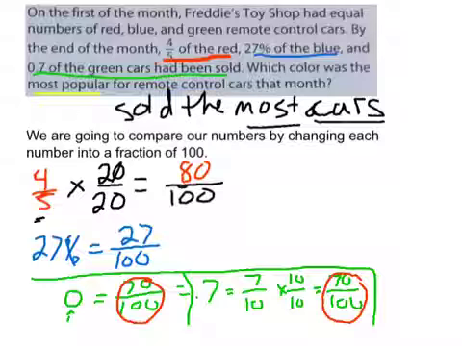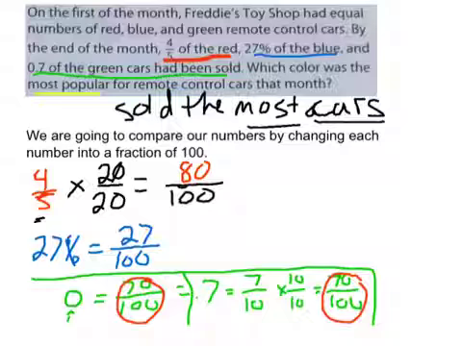Let's look at our three numbers. We have 80 over 100, 27 over 100, and 70 over 100. I'm going to ask you, which number do you think is the biggest? 80 over 100, 27 over 100, 70 over 100. That's correct.